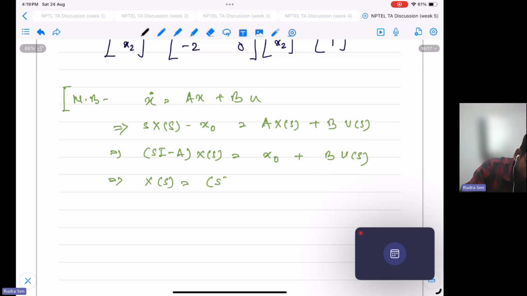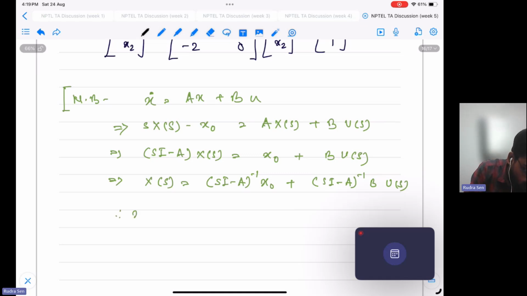So X(s) is (sI minus A) inverse x0 plus (sI minus A) inverse B U(s). Okay.